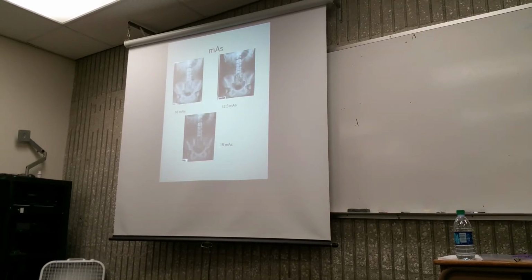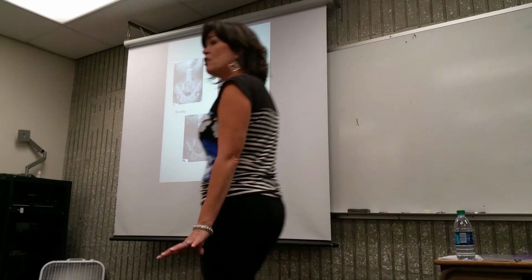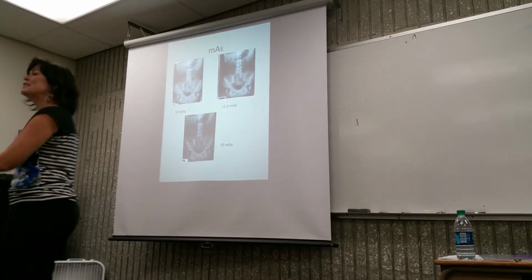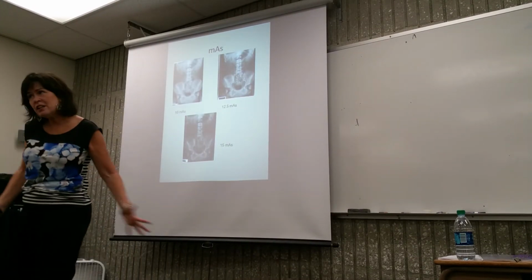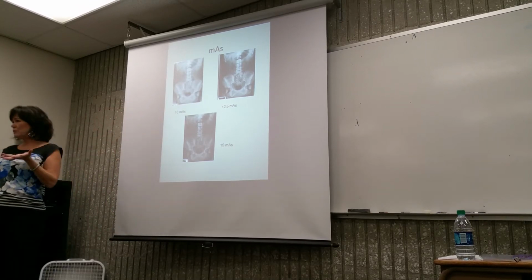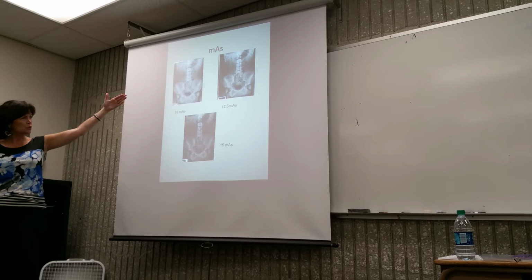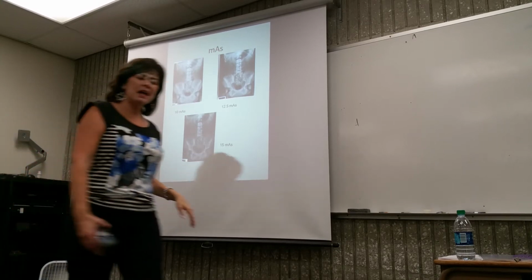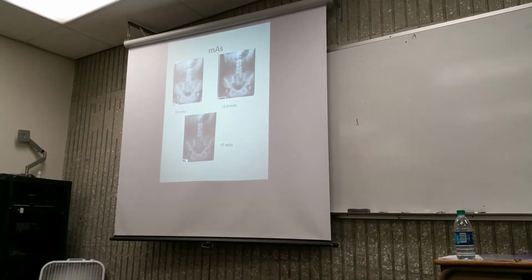Okay, so here is film screen. Here's what happens when you increase your MA, or you increase your time, or you increase your mass. Any one of those three things, this is what happens. So here I'm doing it with mass. So here's 10 mass, 12.5 mass, and 15 mass. This is looking at film.